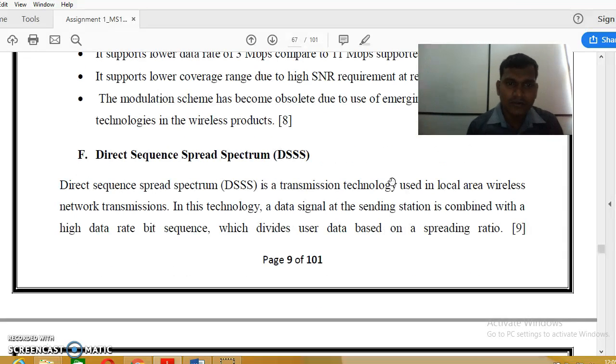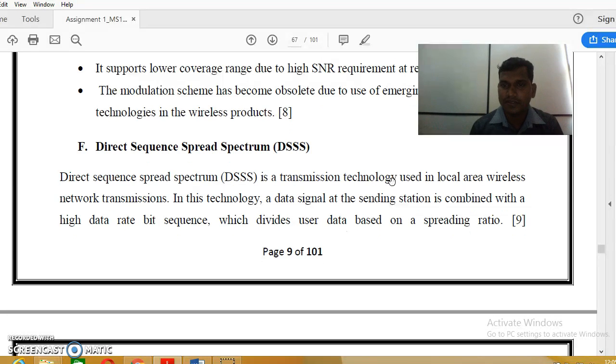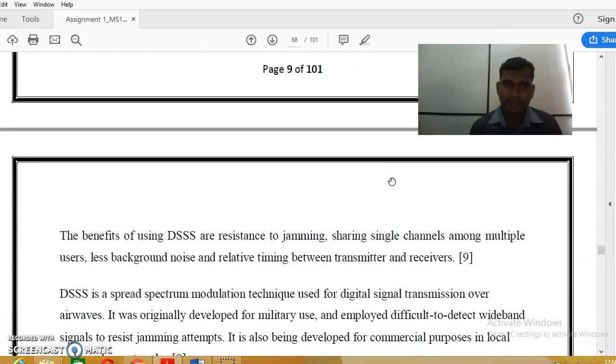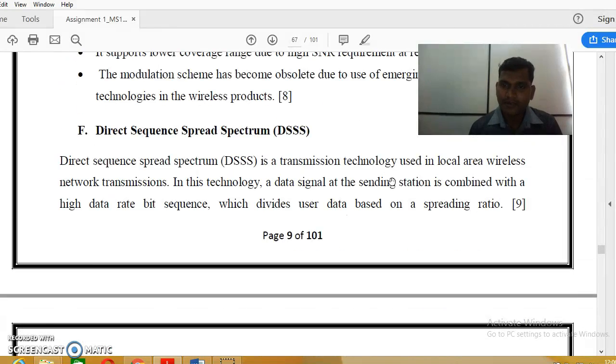Direct sequence spread spectrum. Direct sequence spread spectrum is a transmission technology used in local area wireless network transmission. In this technology, a data signal at the sending station is combined with a higher data rate bit sequence, which divides user data based on a splitting ratio.